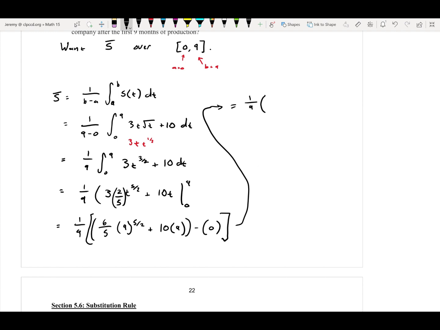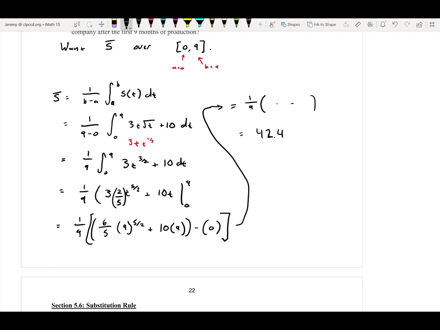All right, and then just another kind of nasty simplification problem. You can approach this however you want to, whatever is most comfortable for you as far as simplifying this. I'm going to spare the details. Here's what I was left with at the end: 42.4.